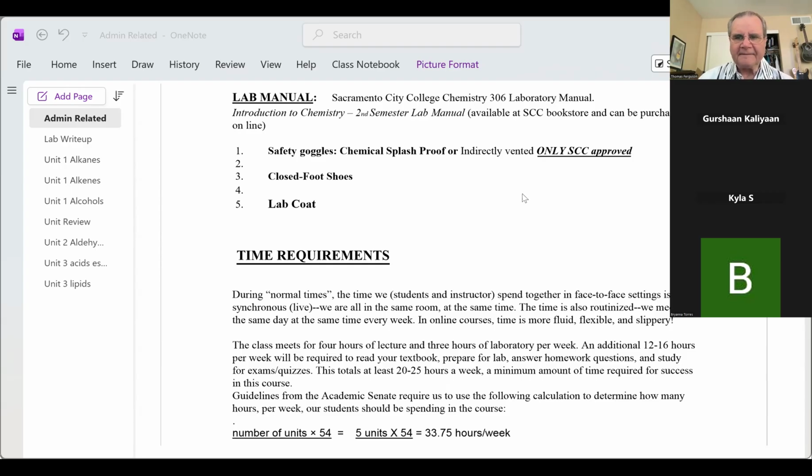Now you can take a look at the stock room today and Wednesday. There's a barcode where you can automatically go to either Amazon or the student bookstore.